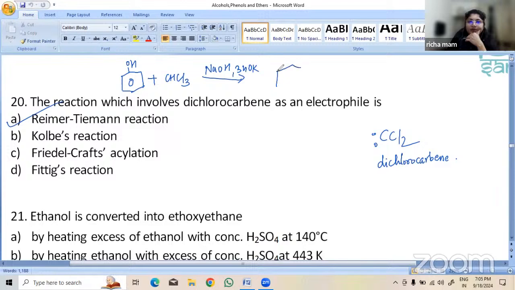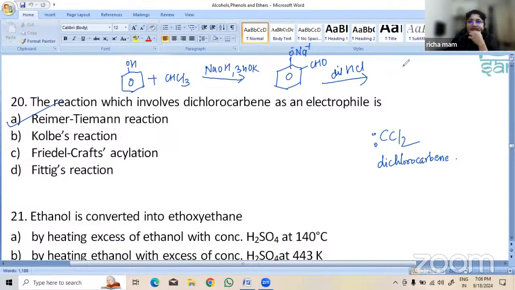What are we going to get? Your hydrogen is replaced by O minus Na plus, and we are going to get an aldehyde at ortho position. Then further we are reacting it with dilute HCl.